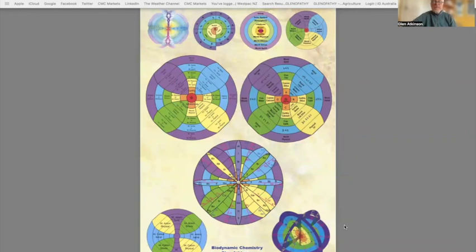This next picture is, again, a thought form of chemistry. But this time we're coming at it from the biodynamic agricultural direction.